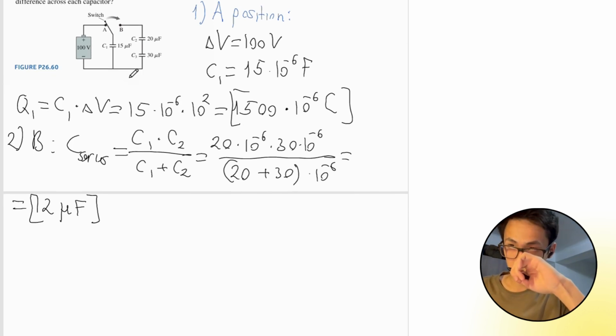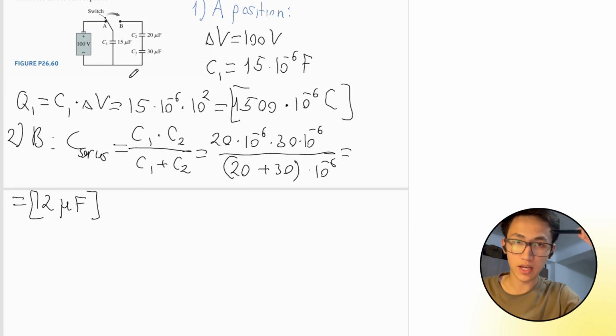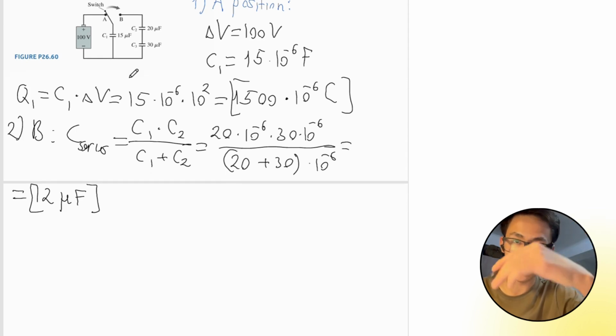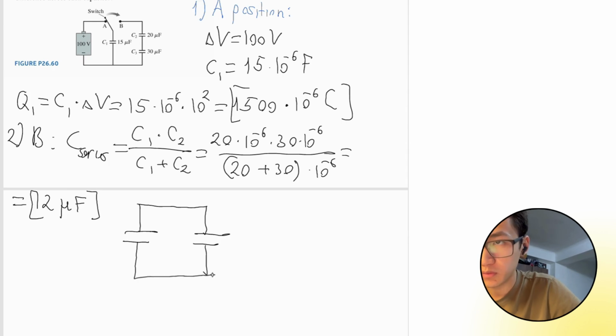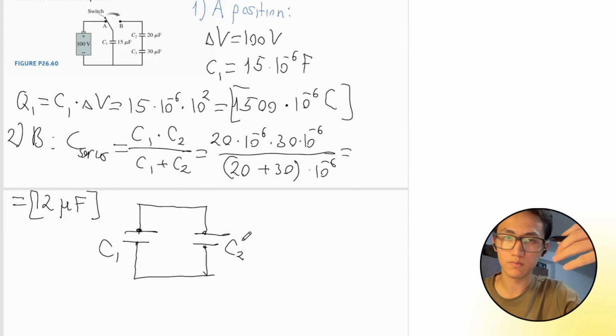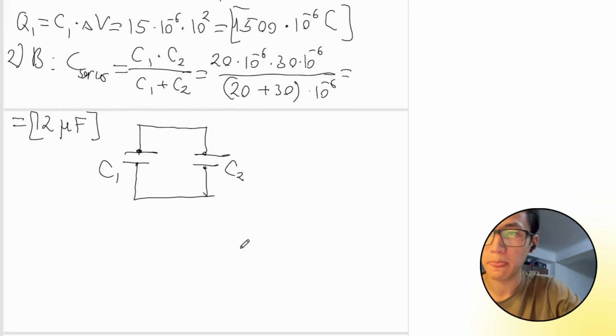Yes, they are parallel because head is connected to head, tail to tail. C1 and C2-3, head and head, tail and tail, and I need to find the total capacitance.